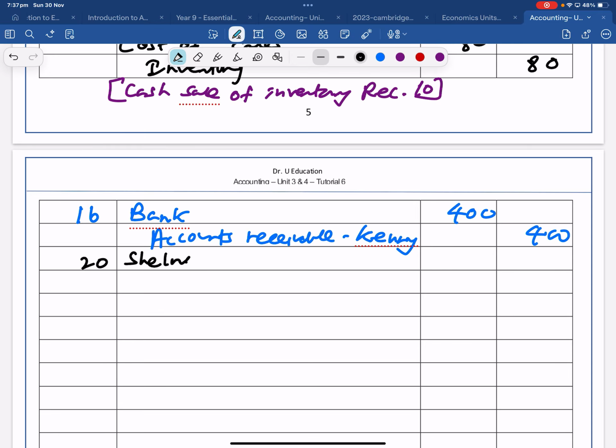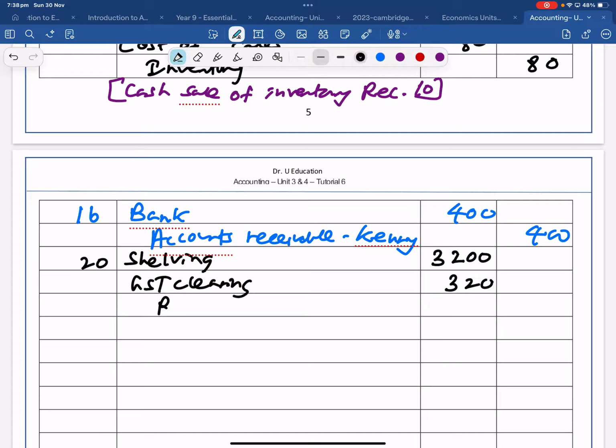Shelving debit, how much? 32. And next, GST clearing debit 3.20.